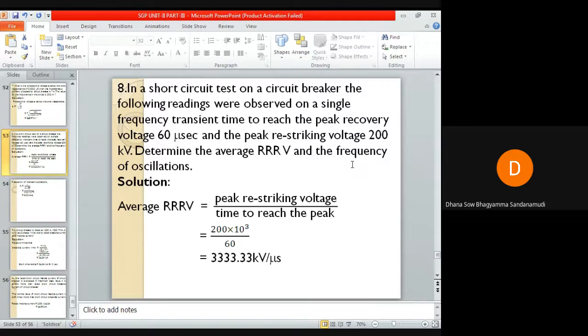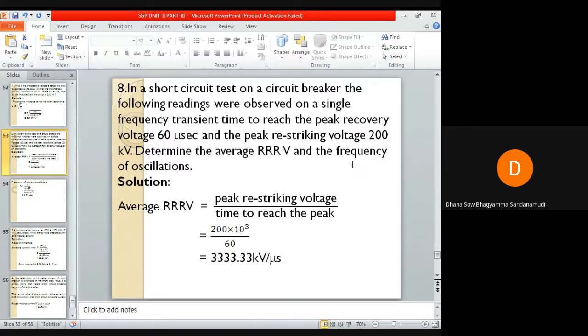Peak restriking voltage is directly given to you. Actually the peak restriking voltage formula is 2 V max, but here there is no need to determine the maximum value of voltage or the peak restriking voltage, because they have directly given the peak restriking voltage value, that is 200 kilovolts.